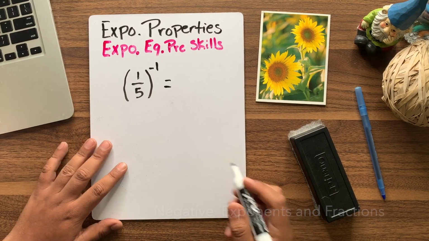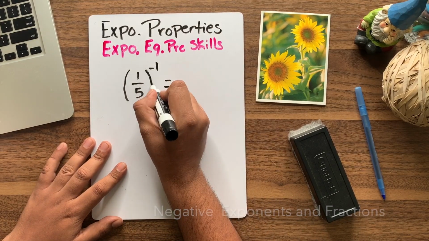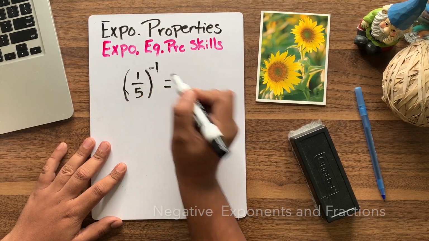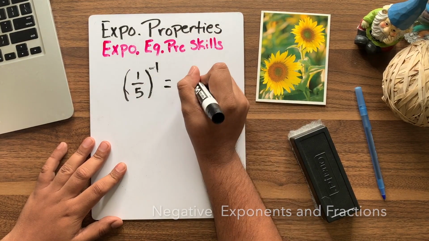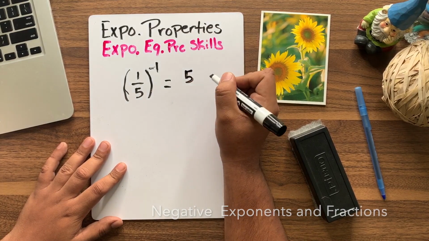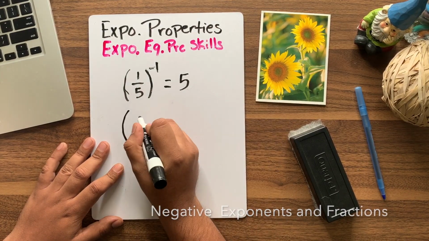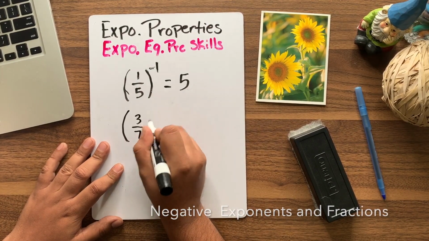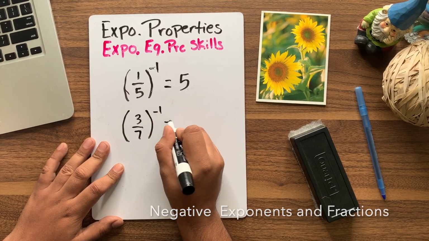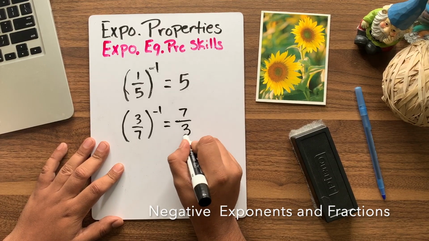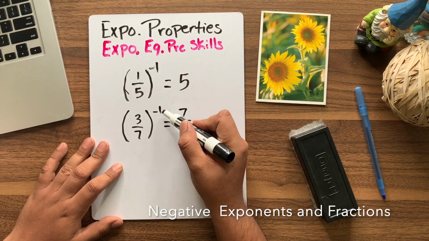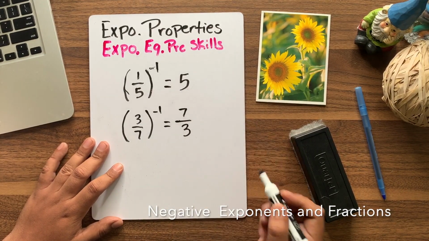Okay, when you have a fraction, 1/5, and it's to the power of negative 1, what's going to happen is we're going to switch the fraction. So it's really 5/1. Okay, so if we have 3/7 to the power of negative 1, well, this is going to be 7/3, because the negative is really just switching the numbers.